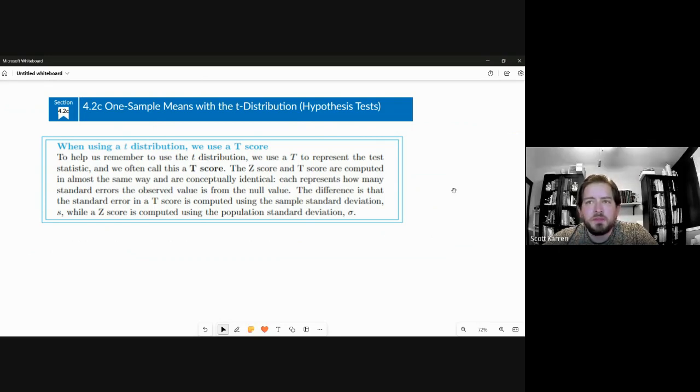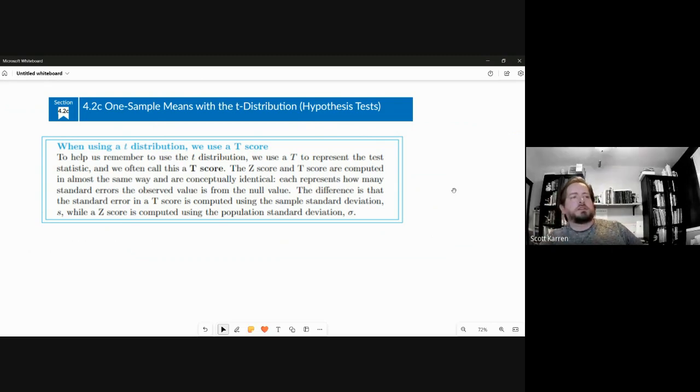So to use the t-distribution, we use a capital T to represent the test statistic, and we often call this the test score. The z-score and the t-score are computed in almost the same way and are conceptually identical. They are essentially analogous to each other. They complement each other in their respective tests.